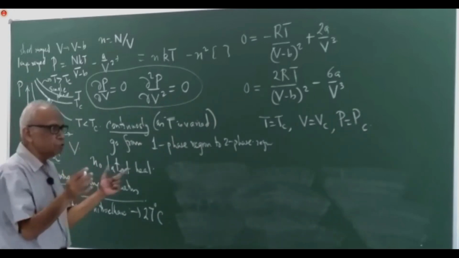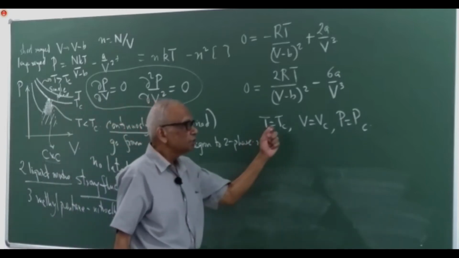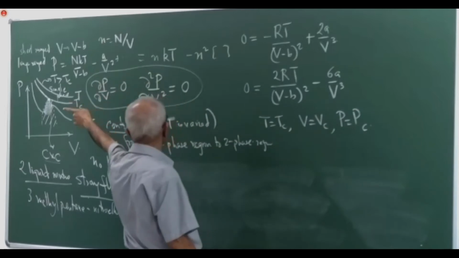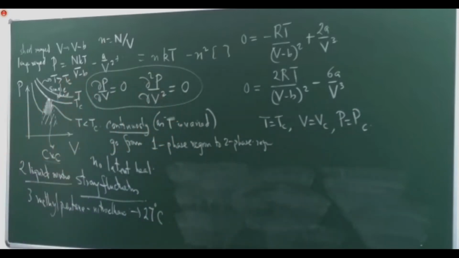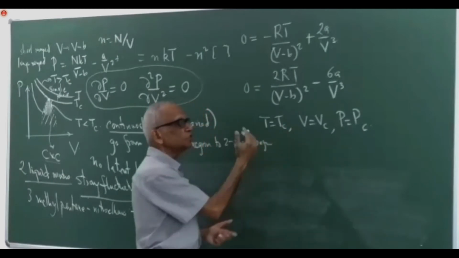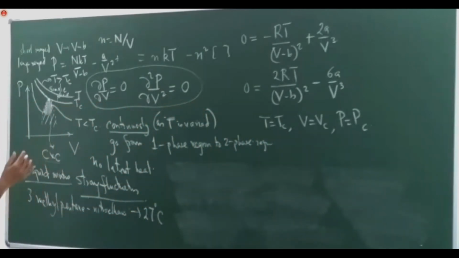There are only two independent variables really. So Tc and Vc, and the third follows from the equation of state. So the critical point is a point prescribed by giving the value of the critical temperature and the critical volume, or the critical temperature and the critical pressure.